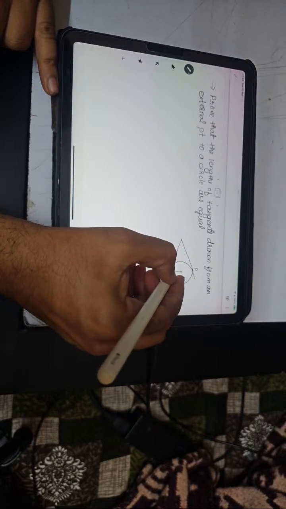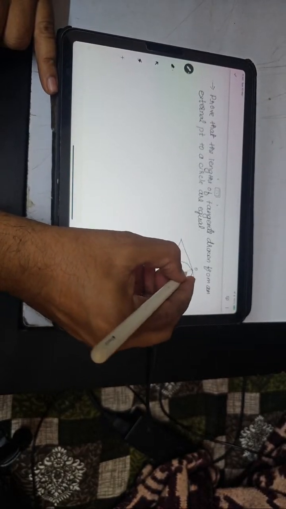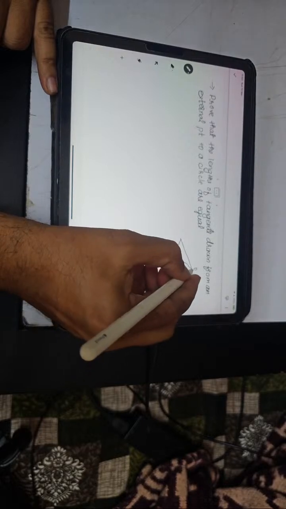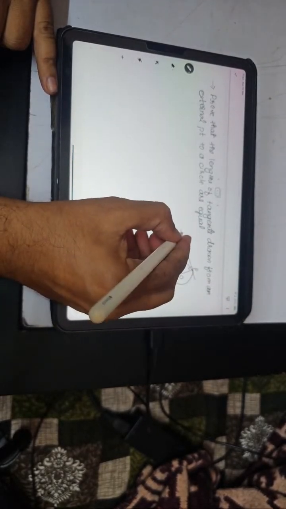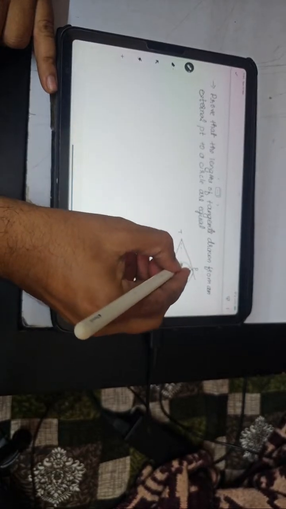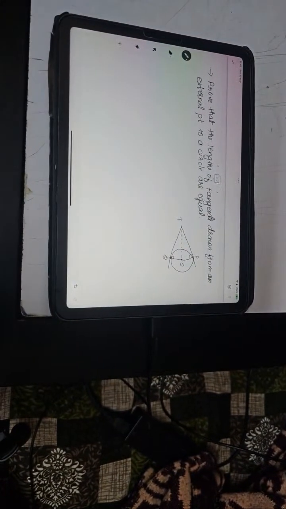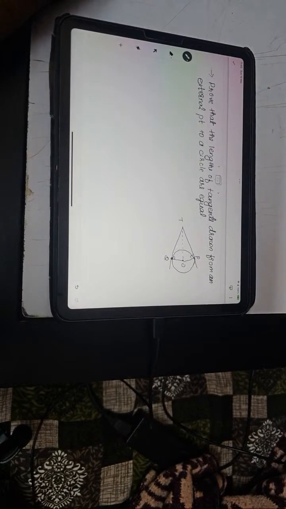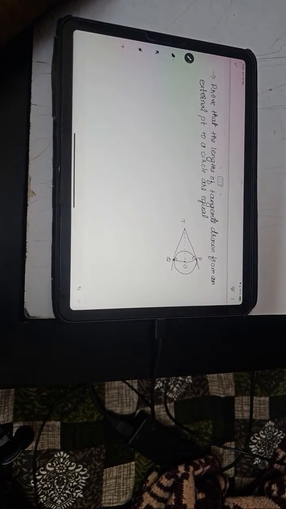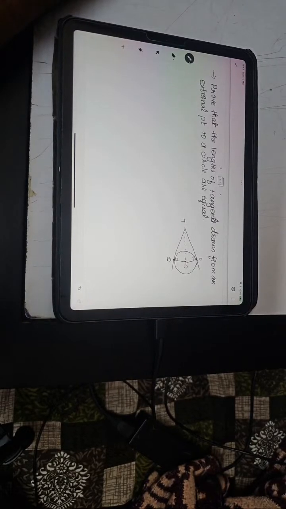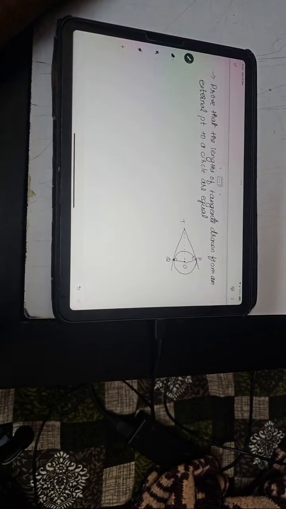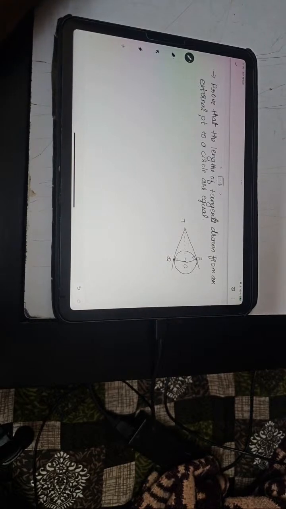So if I draw a line from the center, it will be 90 degrees. This is point P and this is point T. And I will be joining TO. See, this is very common and it is asked almost every year. So there is a 100% chance that this theorem will be there, or sums based on this.